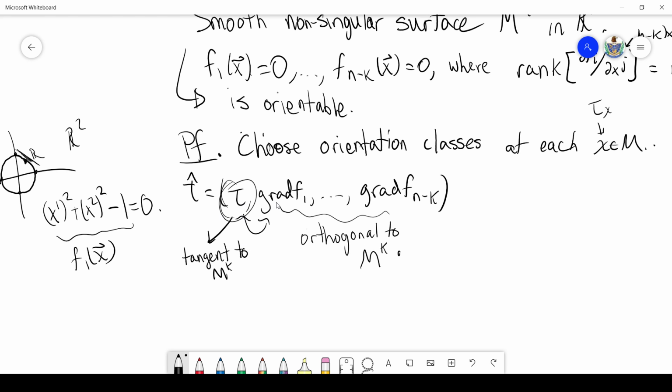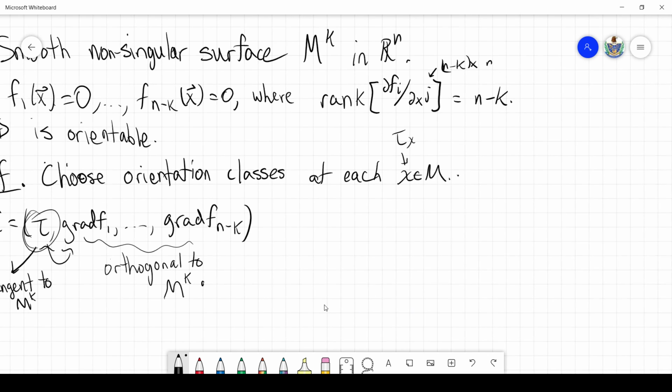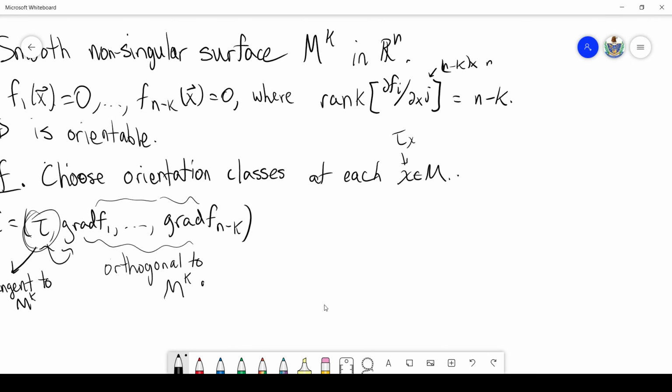And these gradient vectors are going to be linearly independent because of this rank condition, right? This is the matrix that we get by putting the gradient vectors up against each other. So we have n minus k gradient vectors, and we're saying that this matrix has rank n minus k.